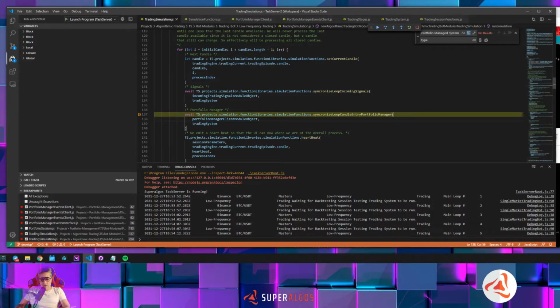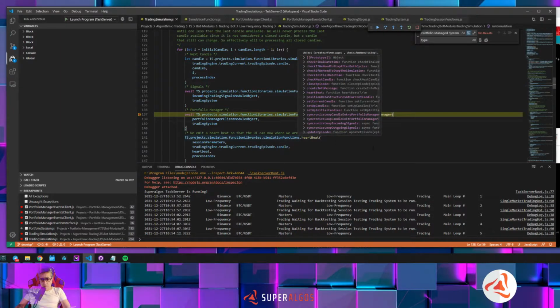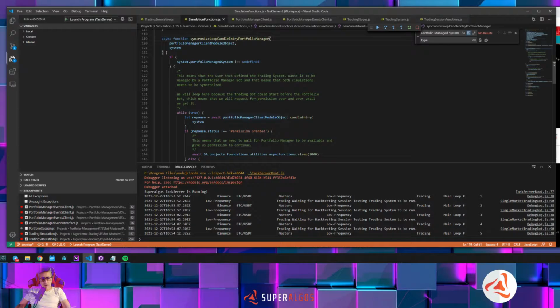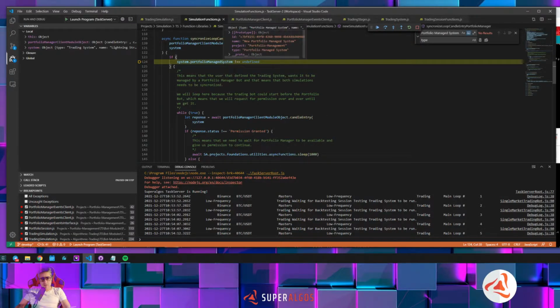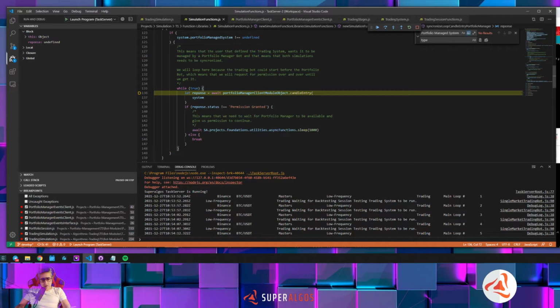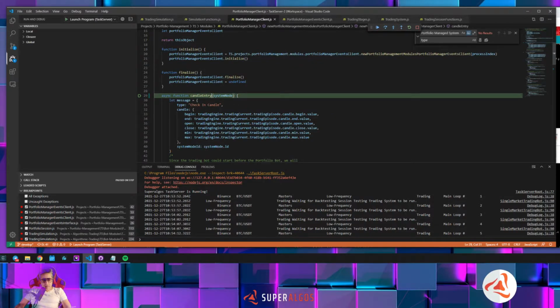Okay, so from here, what we're going to do is enter here. And now this should not be undefined, and it's not. So we are going to loop until we get the permission from the portfolio bot. So we enter here.